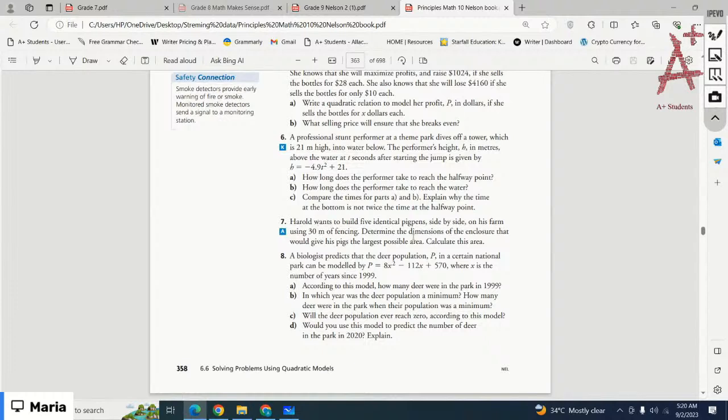Harold wants to build 5 identical pig pens, so the length of each pig pen is x, right?